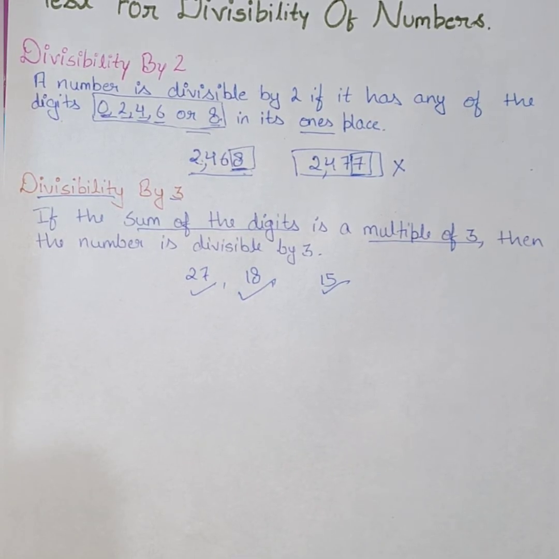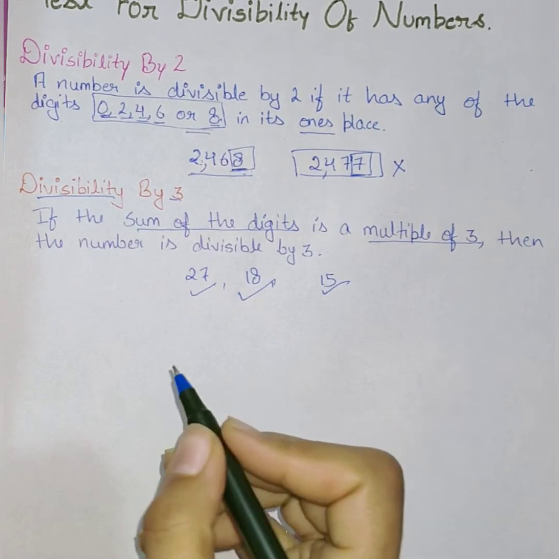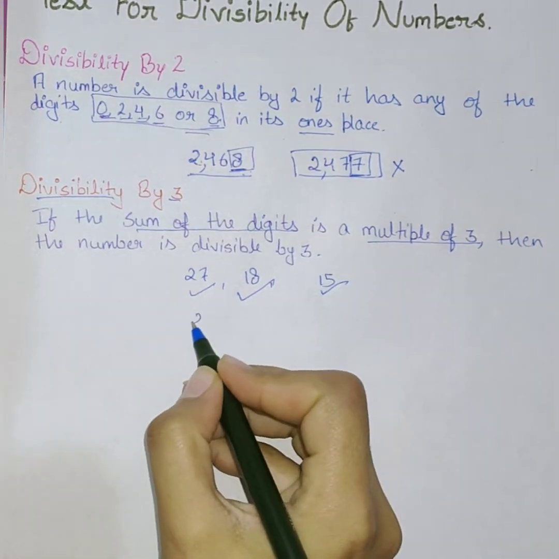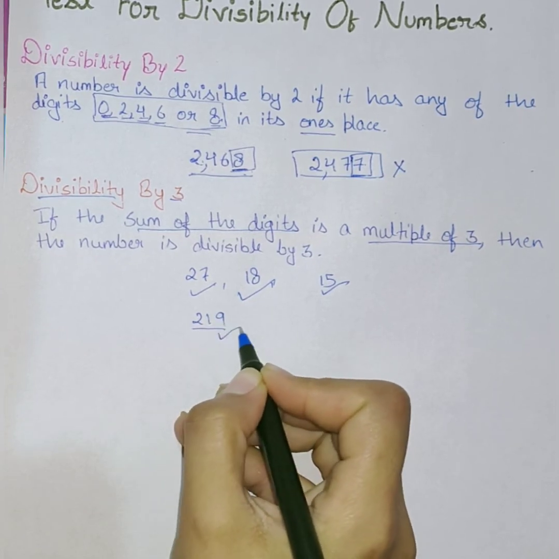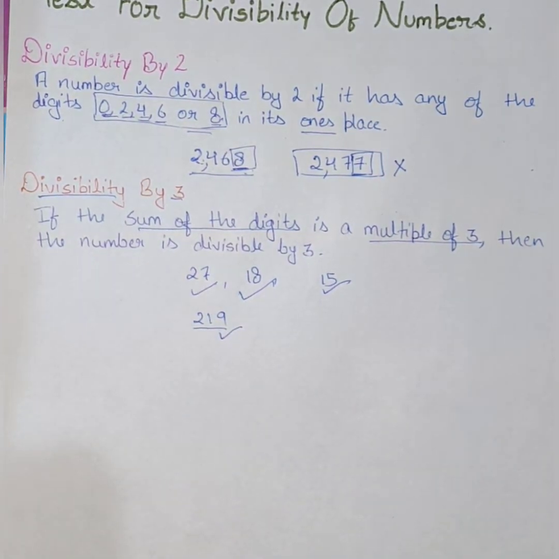Now suppose we have the number 219. How will you tell whether it is divisible by 3 using the divisibility rule? Generally we divide the number, but with divisibility rules it is easier.